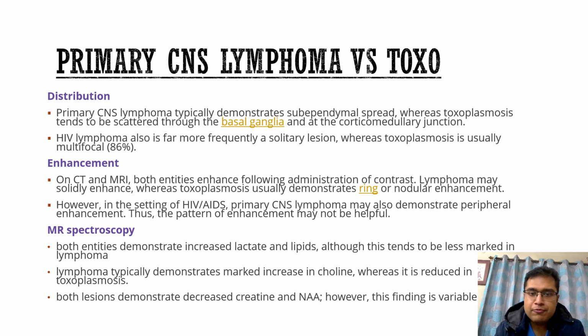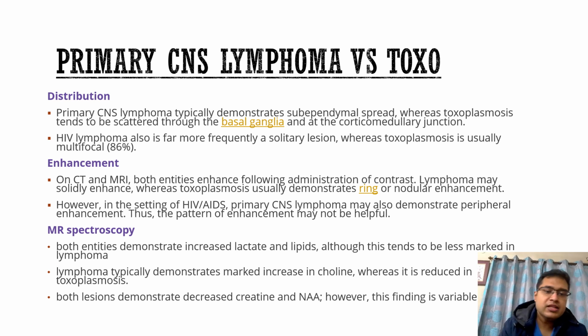Primary CNS lymphoma typically demonstrates subependymal spread, whereas toxoplasma tends to be scattered through the basal ganglia and at the corticomedullary junction, as we saw in that case. HIV lymphoma is also far more frequently a solitary lesion, whereas toxoplasma usually has multifocal, multiple ring enhancing lesions. So that is the distribution. Then comes the enhancement.